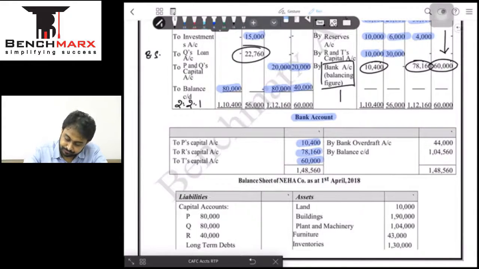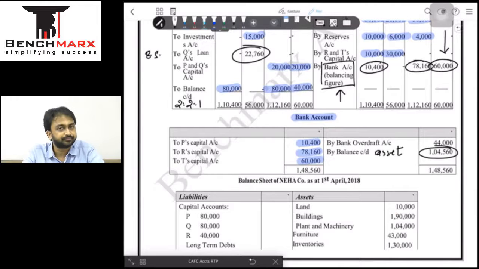All these numbers are helping to close the bank OD and balancing figure जो भी आएगा, this is now a debit balance will come on the asset side of the balance sheet as bank balance.